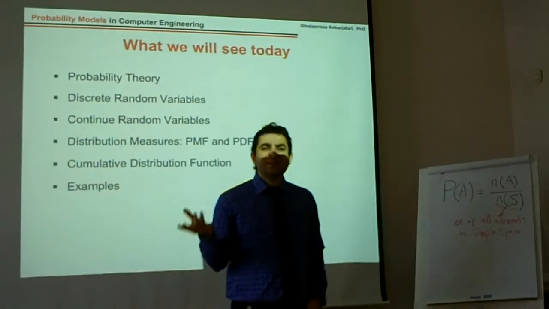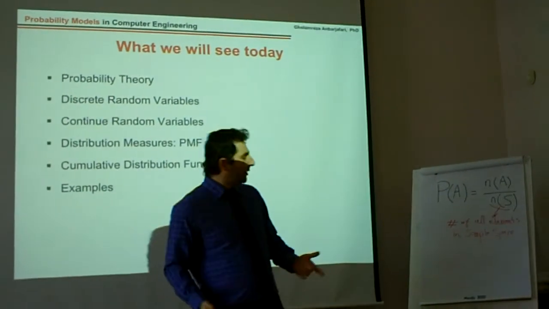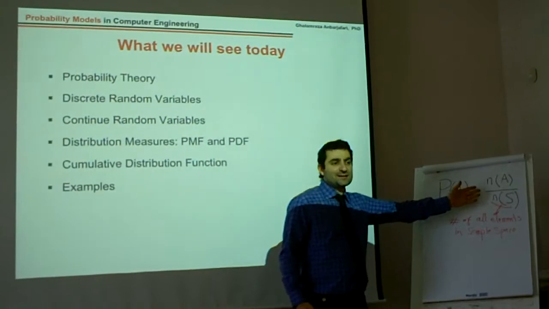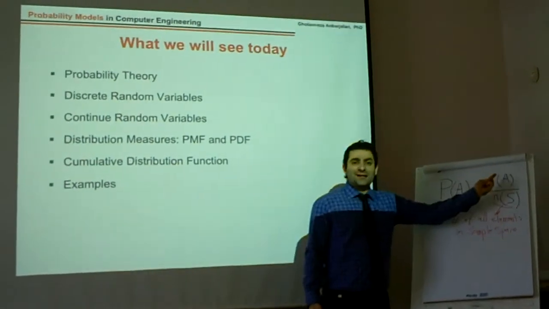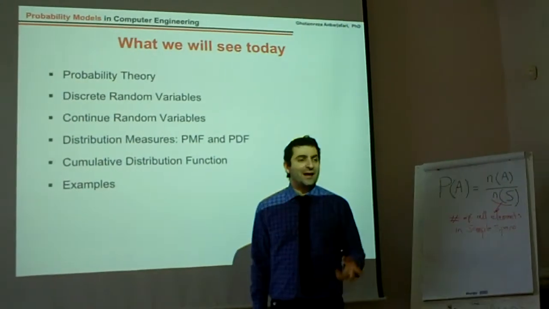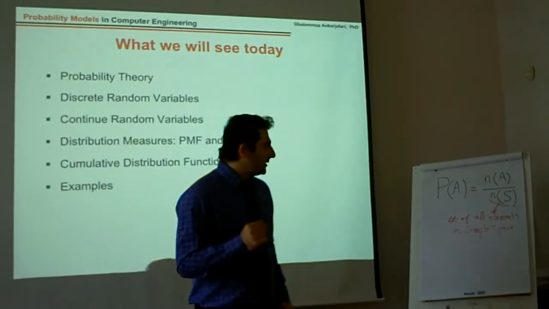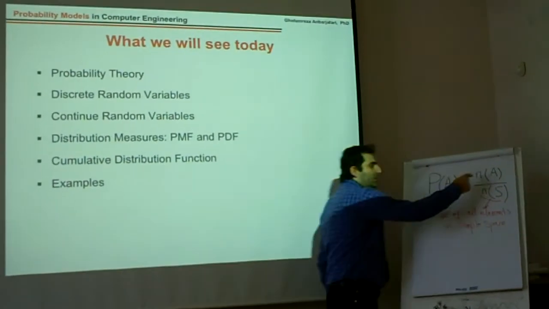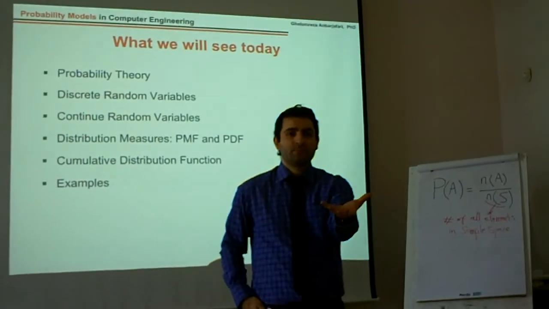So why do we need the integrals? Why do we need the summations? Why do we need those complicated formulas? Why are we not always writing it as simply as this? Because many times we don't know what NA is. We don't know what NS is. In order to calculate NA and NS, we need those integrals, those summations. So calculating these is not very simple. I don't have them in my hand.